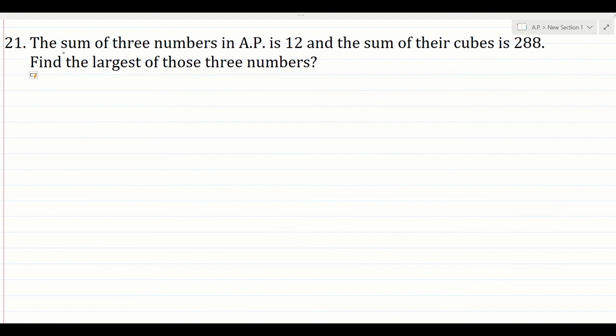Question number 21. The sum of three numbers in AP is 12 and the sum of their cubes is 288. Find the largest of those three numbers. So as usual, we'll suppose three numbers in AP as A minus D, A and A plus D. By the equation, the sum of those three numbers: A minus D plus A plus A plus D is equal to 12.